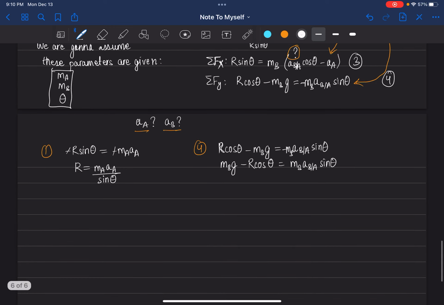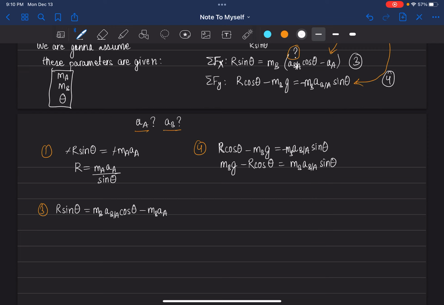And now I'm going to look at equation 3. From equation 3, I get R sine theta equals m of B, acceleration of B with respect to A cosine theta, minus m of B acceleration of A. Now I'm going to do some weird stuff.